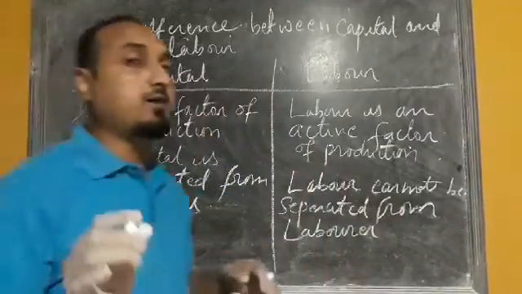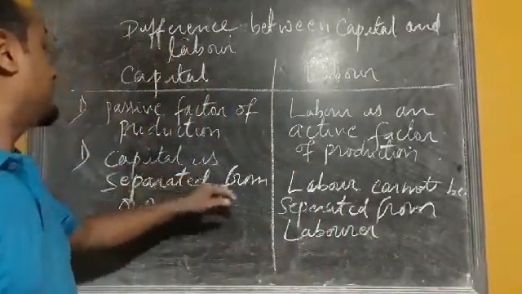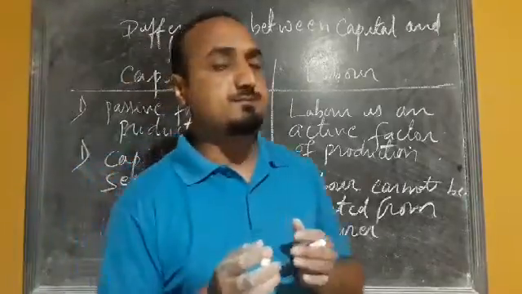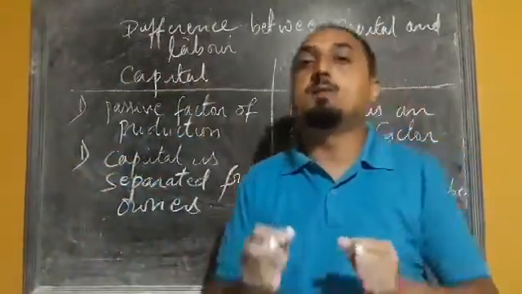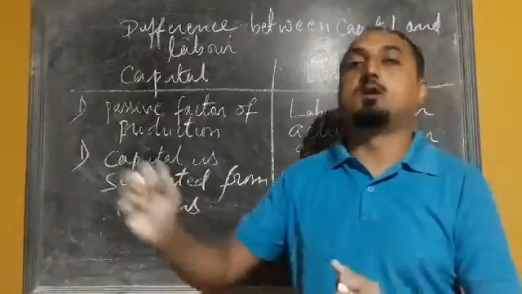This is the second important difference. Capital is separated from owners. Suppose I am the owner of that machinery or car or trucks.